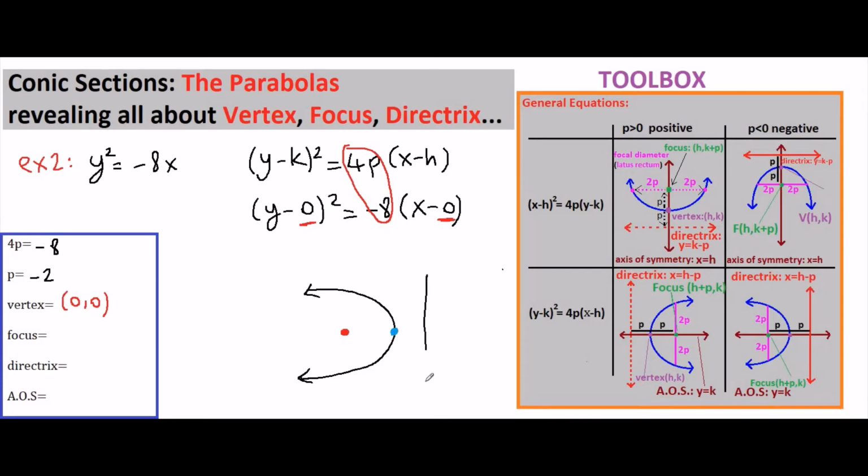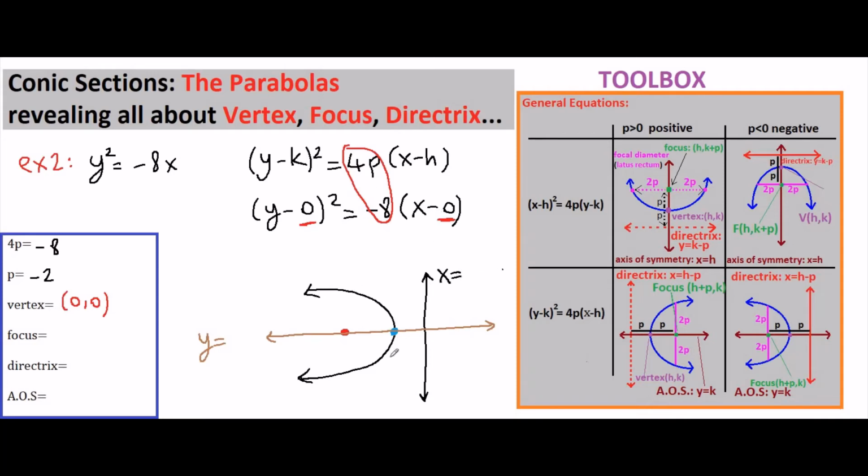Our directrix is behind the parabola, and our axis of symmetry is passing through focus and vertex. Equation of axis of symmetry is y equals some value because it's horizontal. Equation of directrix is x equals some number because it's vertical.